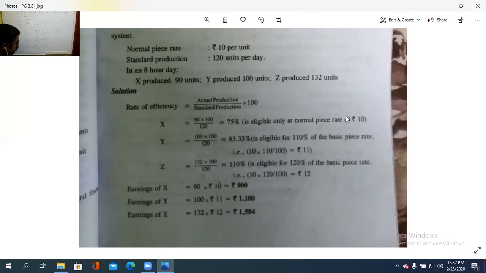Then Y is equal to 100 divided by 120 into 100. 83.33%. Okay, and the third one is 132 divided by 120 into 100. It is 110%. Then we need to see the eligibility criteria, isn't it?